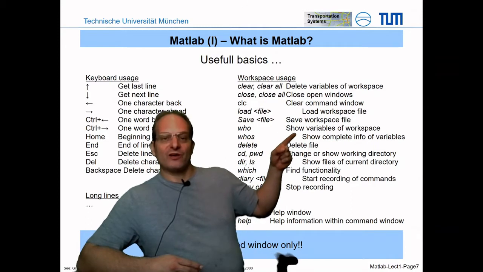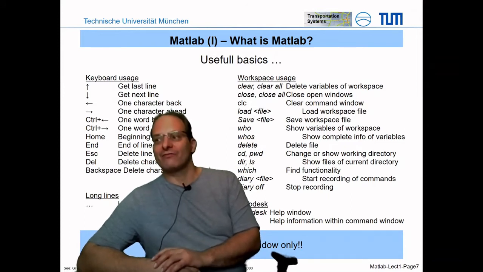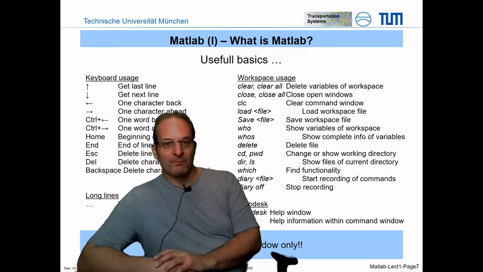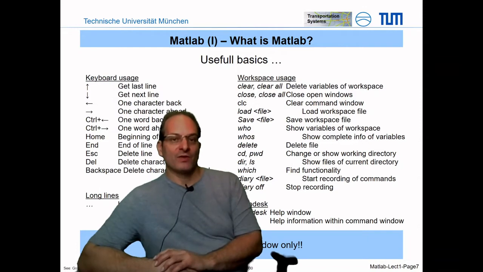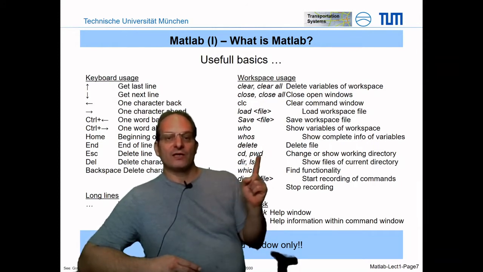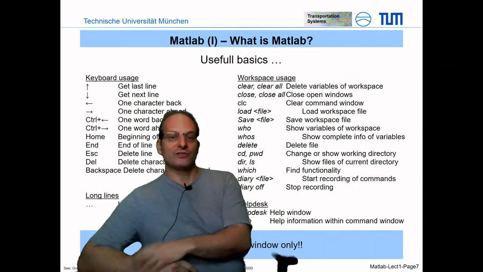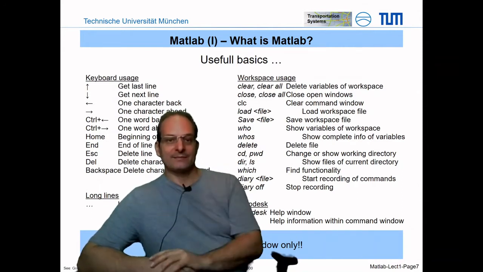These functions are necessary if you do not always have the workspace open. You can also do file operations. If you create a file, you can of course delete the file with delete, and you can change the current directories.